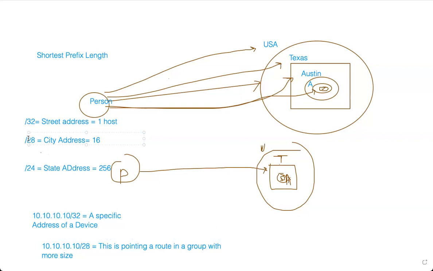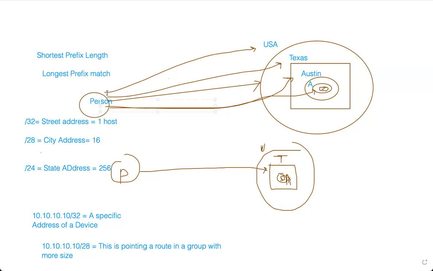/32. Yes. So that is called the longest prefix match or shortest prefix length. Both are the same, but the longest prefix match, or shortest prefix length, meaning whichever route is the shortest prefix length, meaning only one host, or the longest prefix match, meaning this person is looking for a dedicated host and there is a match to it.